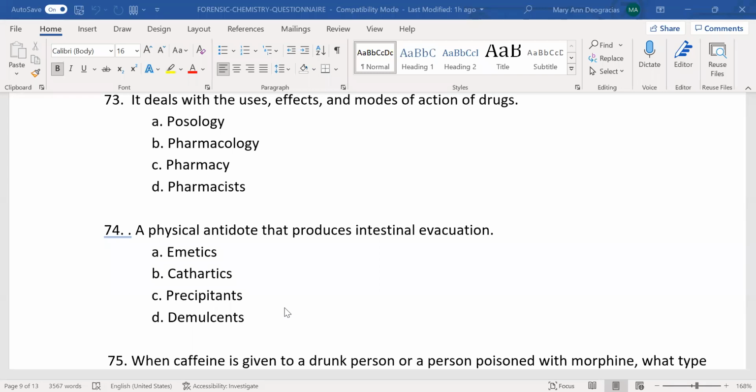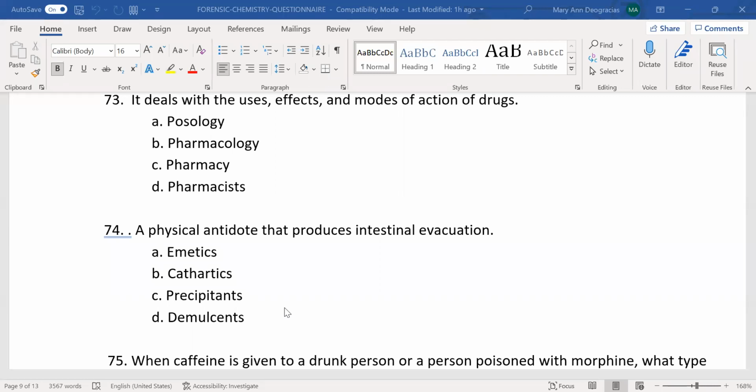Okay, intestinal evacuation is letter B, cathartics. Alam niyo yung cathartics, catheter. From the word catheter yan. So, halimbawa, one example of a catheter or cathartics is the rubber tube. Pagka pinasok yan through the esophagus, down to the intestine, magkakaroon ng evacuation yan.